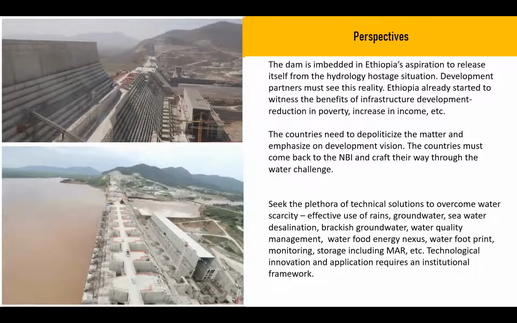Technological innovations and applications require an institutional framework. And currently, the most viable institutional framework is the Nile Basin Initiative, and this Basin Initiative must be supported. We need to go back to the Nile Basin Initiative and craft our way through these opportunities and challenges that we are facing.